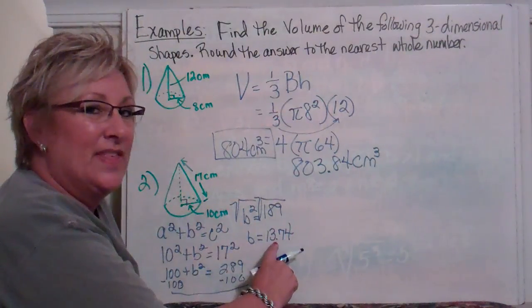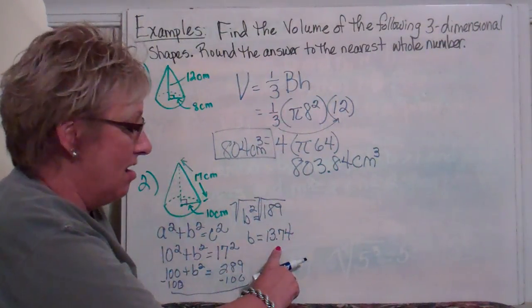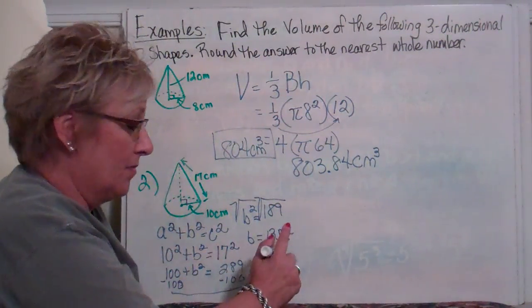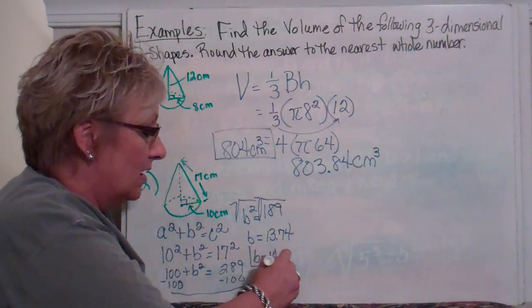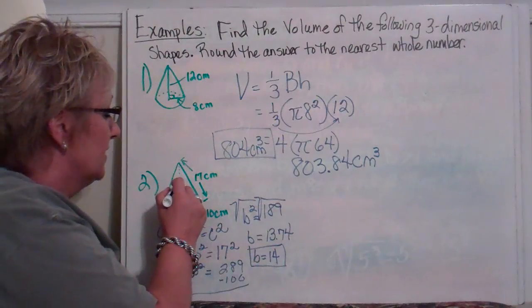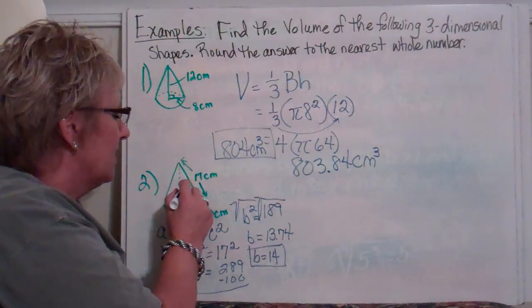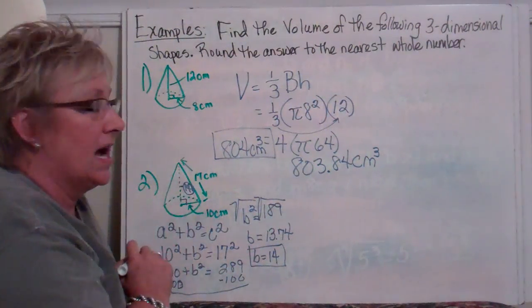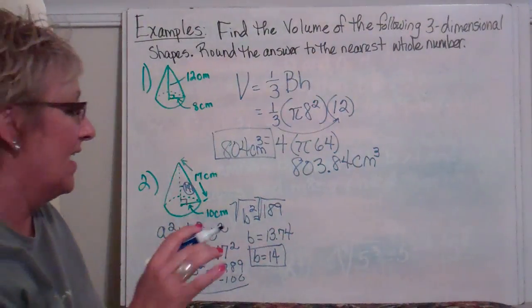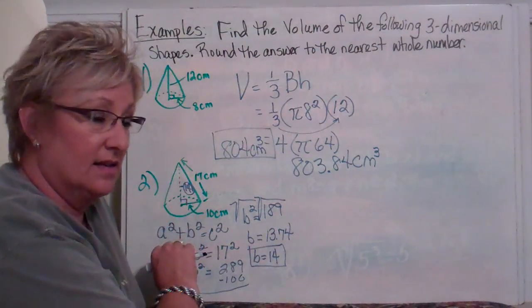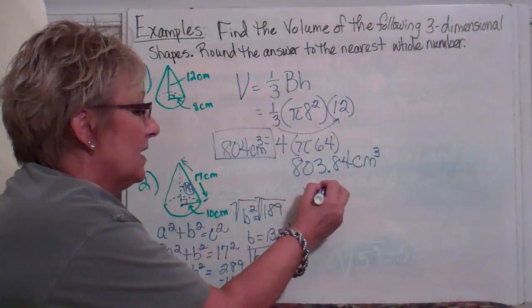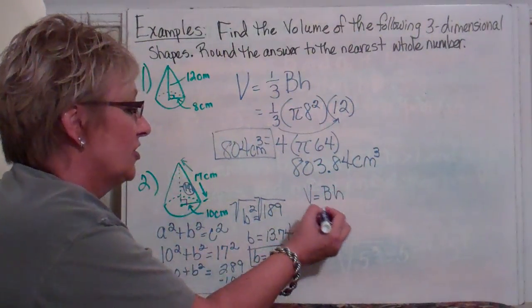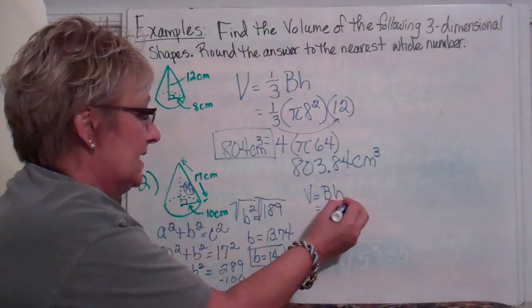I'm going to round this to my nearest whole number, so I'm going to let b equal 14. Okay, and I'll let you know whenever you need to do that. So I have now found the height of this is 14. Now I can find the volume of this cone, because I know that volume equals the big B times the h. I just found the h, which was 14.